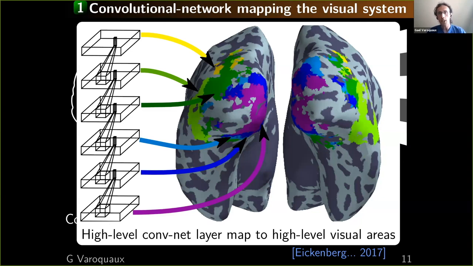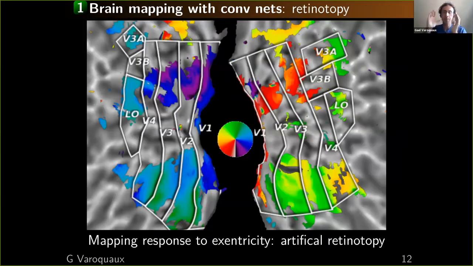Once we've done this, we can take our model. Now we have a model which takes natural images, transforms them into representations of the input image, and then predicts the brain activity. So we can predict the brain activity given the natural image.